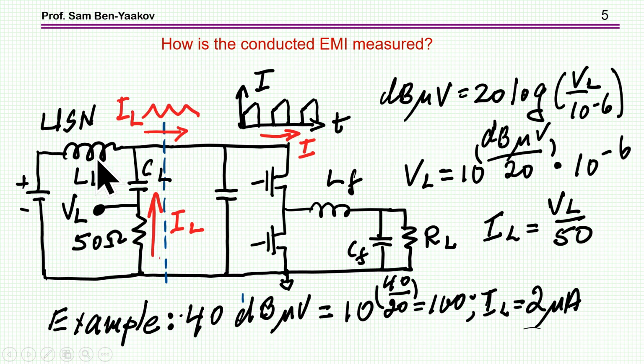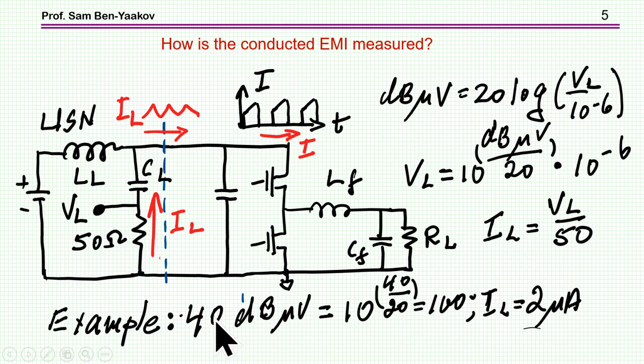Now just take an example. If the requirement is 40 dB microvolt, and usually it is stated in dB microvolt, which is 20 log of the voltage divided by 10 to the minus 6, that is, it is referred to 1 microvolt, then the voltage is 10 to the power of dB microvolt over 20, times 10 to the minus 6, and the current is this voltage divided by 50 ohm.